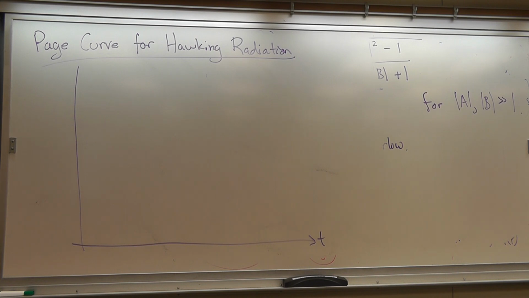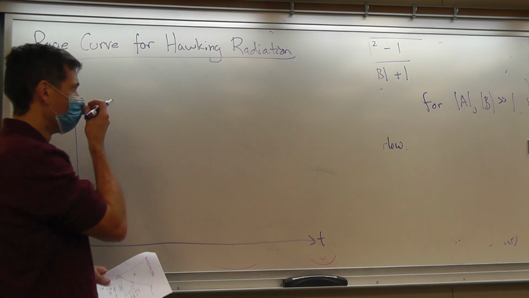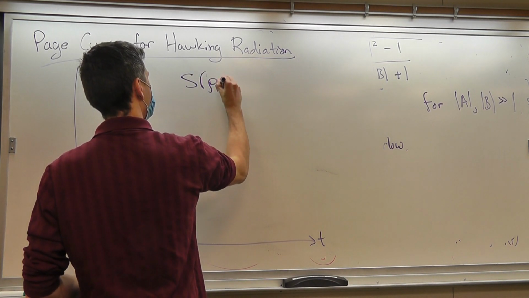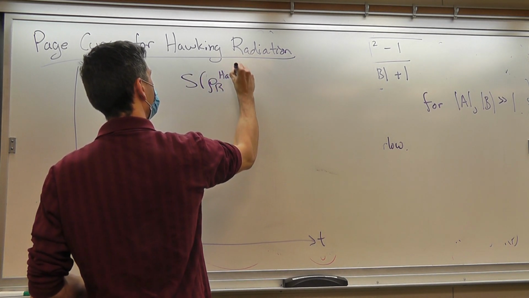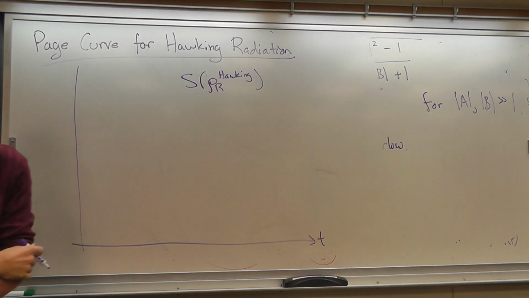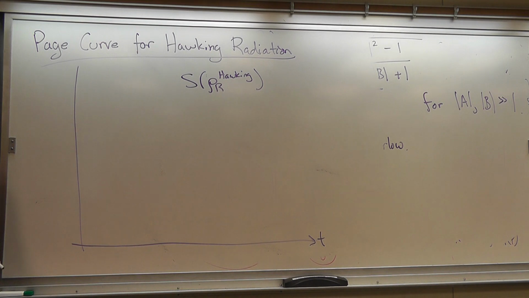When we talked about Hawking radiation, we said the Hawking radiation was in a mixed state. It was thermal, and we want to plot the von Neumann entropy of S of rho R according to Hawking. That's going to have two contributions.